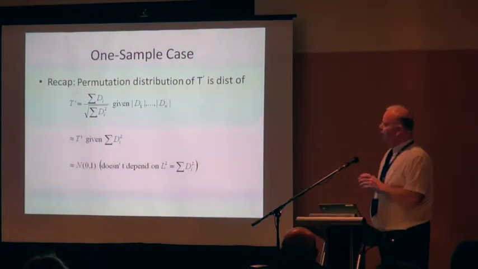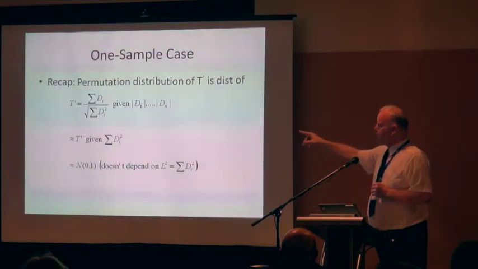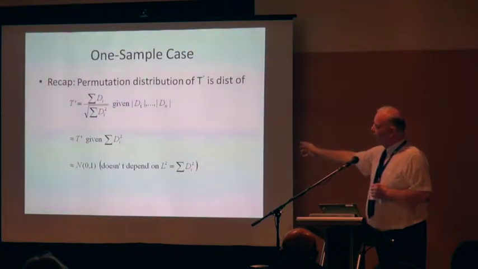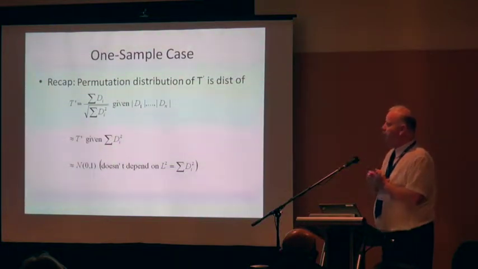And so just recapping then, the permutation distribution of this slightly different t statistic is the conditional distribution of that statistic given the absolute values, and asymptotically that's the same as the conditional distribution of that t statistic given the sum of the Di squareds, and we showed that that was approximately standard normal.